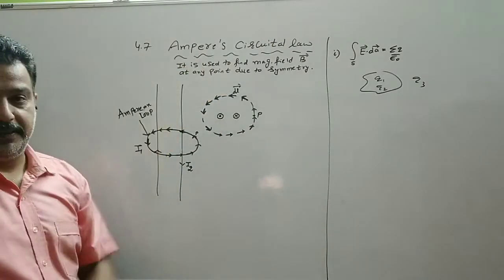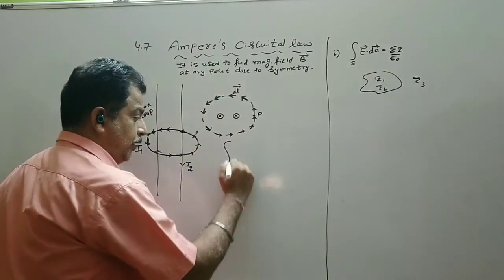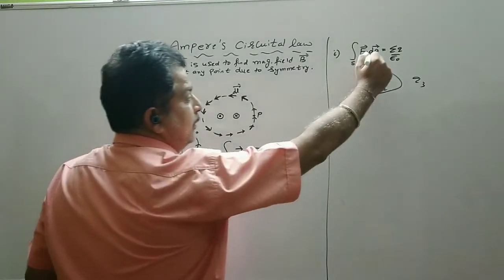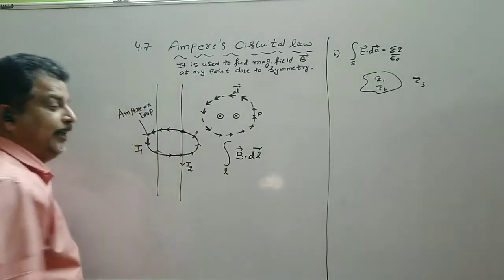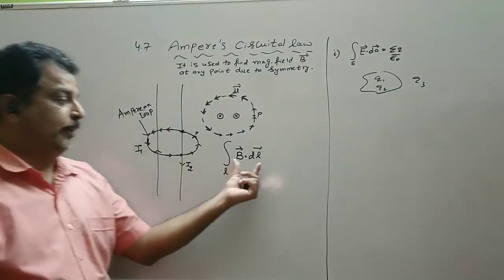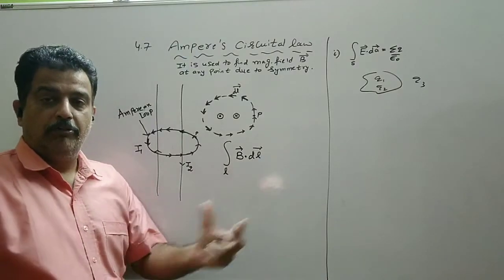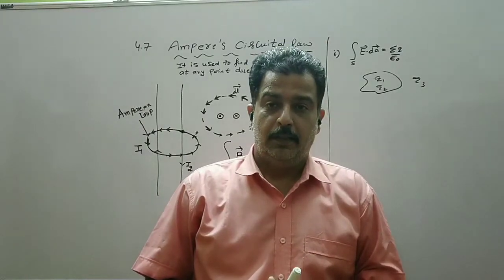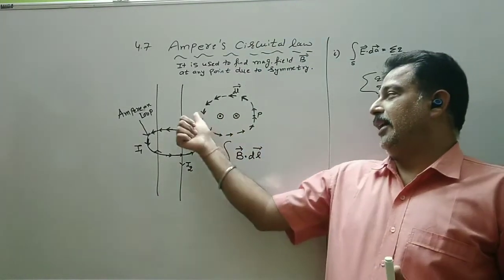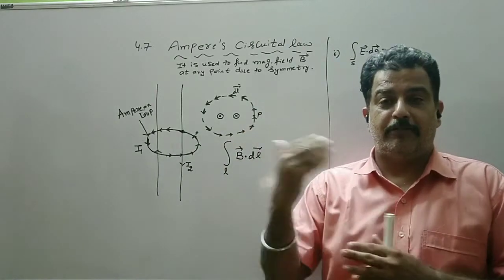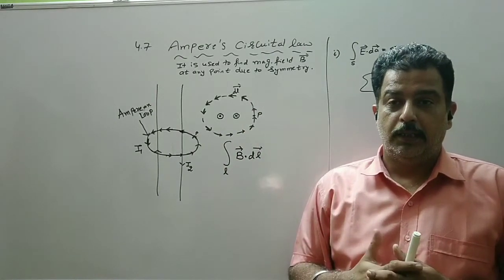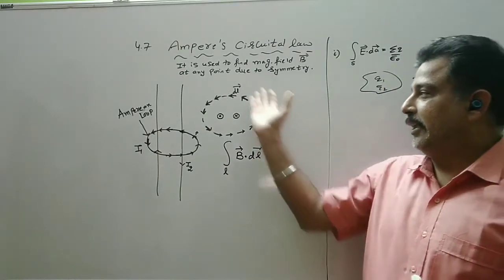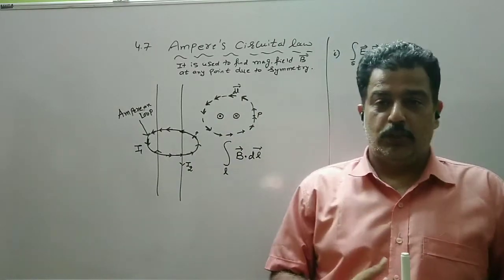Now what Ampere says is the line integration. Remember it is a line integration, whereas there we had a surface integration. So you do the line integration of the magnetic field intensity. We don't know what the resultant magnetic field intensity is, because for one wire it is going inward, for the other wire the magnetic field is coming outward. So we have to take the line integration either anti-clockwise or clockwise, that is your choice.